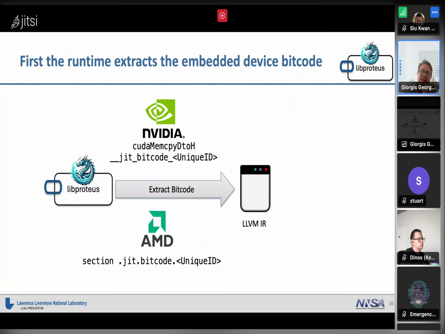Going to the runtime side now, the first thing that the runtime needs to do is to extract the embedded device bit code from the device binary that has been communicated through registration. To do that, libproteus does different things depending on what the original compilation has been, whether it has been through CUDA or HIP.